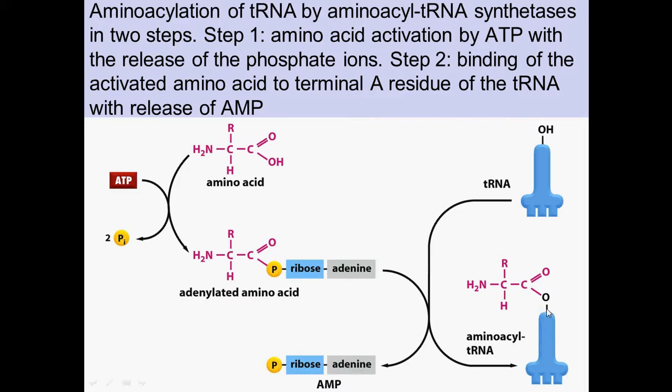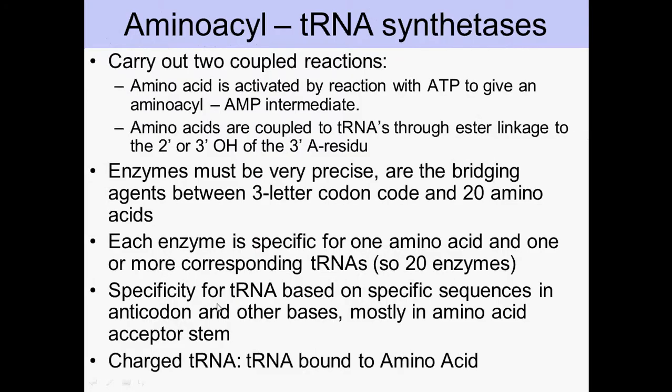This is where the CAA is. So on the adenine, the OH group on the CAA, on the A, it's going to get added, and we get an ester linkage, A residue.